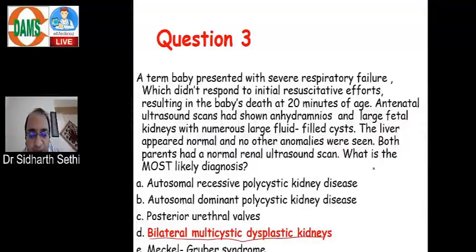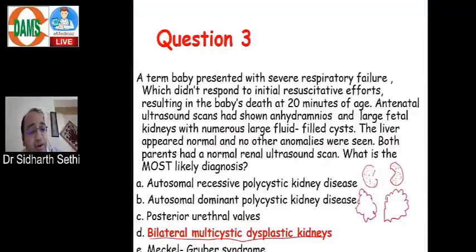Even in AR PKD you have large kidneys, but these are multiple small cysts, not large cysts, which are not easily seen on ultrasound. They are seen on CT scan. Now AR PKD usually has irregular large kidneys with multiple different sizes. So remember, dominant disorders present late.